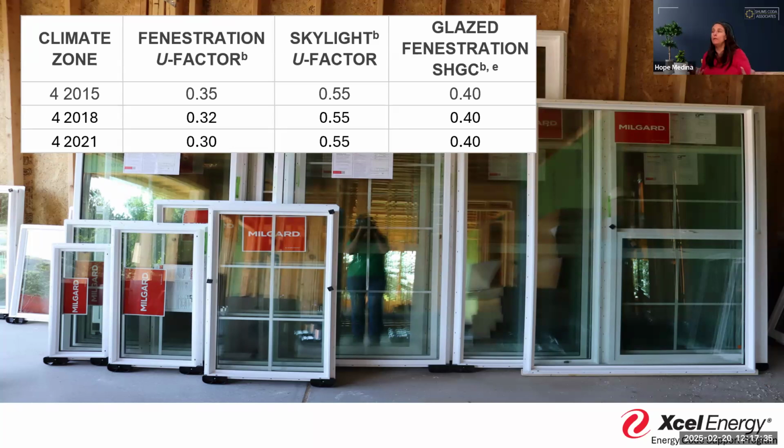When we have locations that are more cooling dominated than heating dominated, we don't want to add that load to the cooling side of things. So that's why you have a solar heat gain coefficient here, whereas if we looked in climate zone 7, there's no solar heat gain coefficient requirement there.